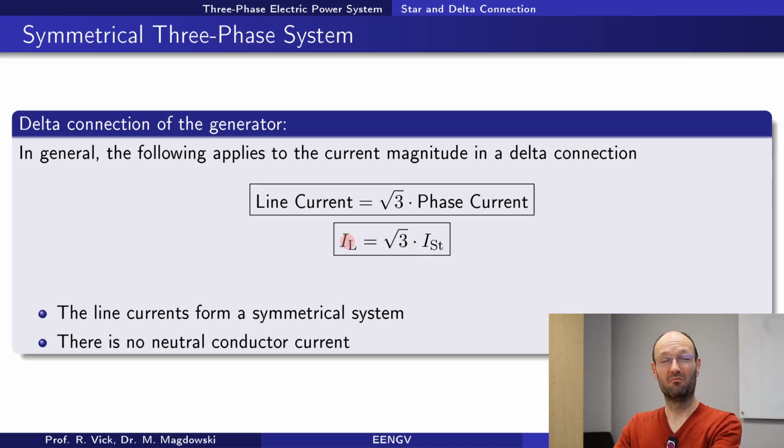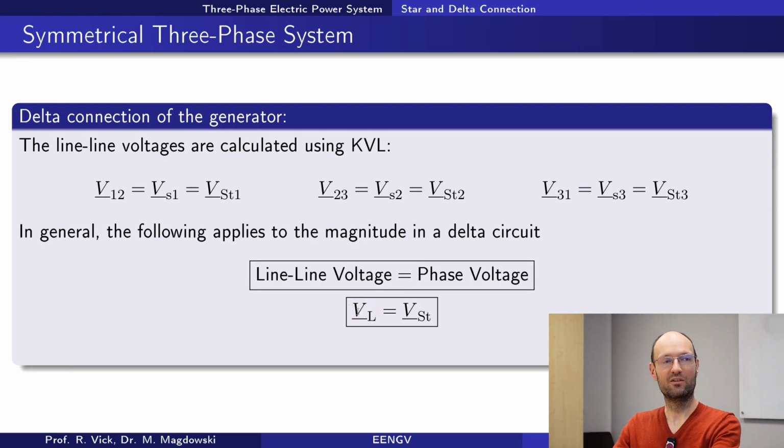And so if you change the current into voltage, this was the equation that we had for the star circuit. And if you here change voltage into current and current into voltage, then this would be also the same equation for the star circuit.